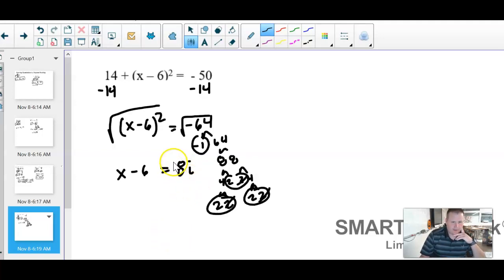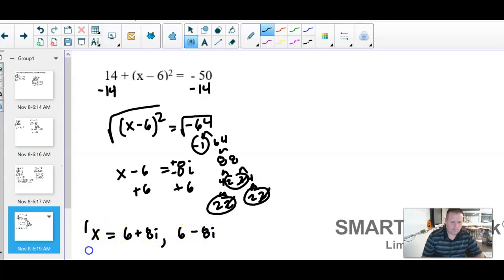And then I do have, it is plus and minus as well. We can't forget that. Okay, and then the last thing I'm going to do is add this 6 over here. So I'll have x equals, we'll go 6 plus 8i, and then we'll have 6 minus 8i. Those would be my 2 solutions.